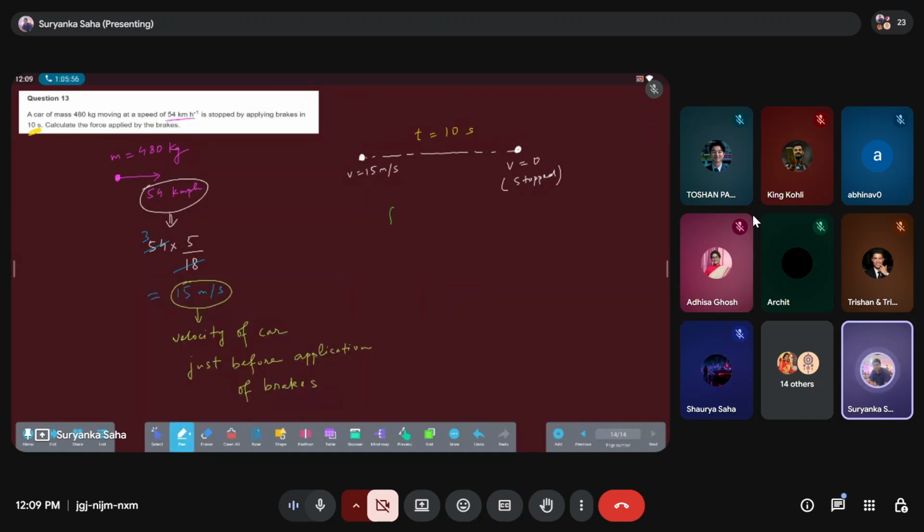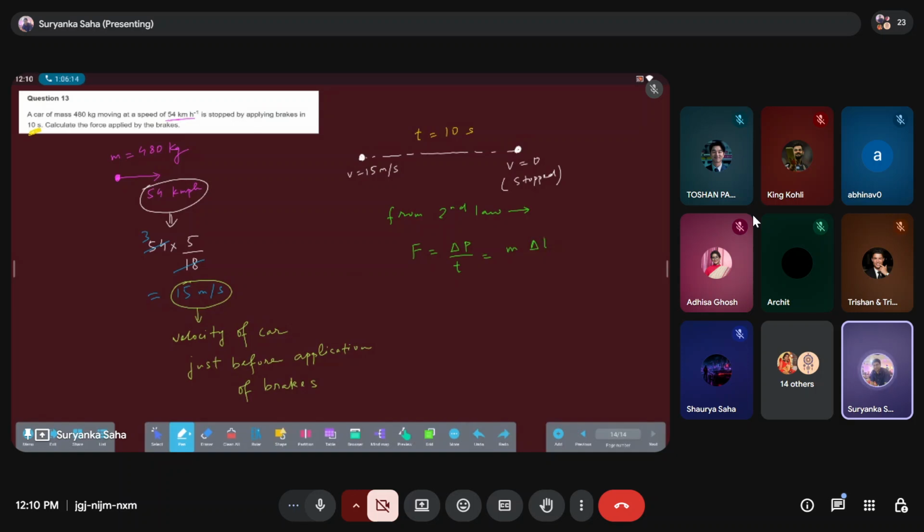From Newton's second law, force will be equal to delta P by T, m delta V by T, sorry, what am I writing?